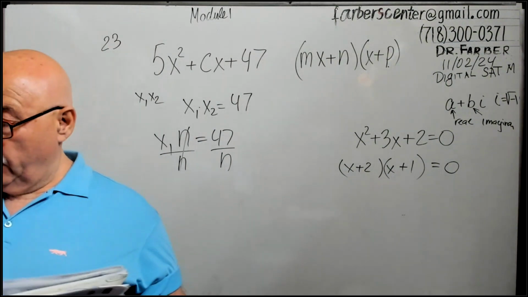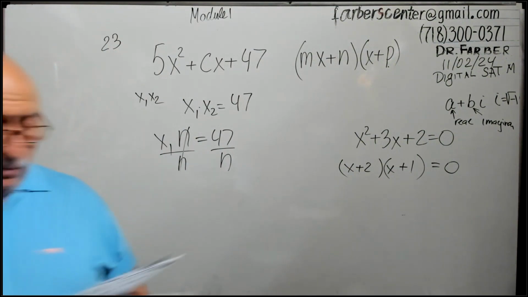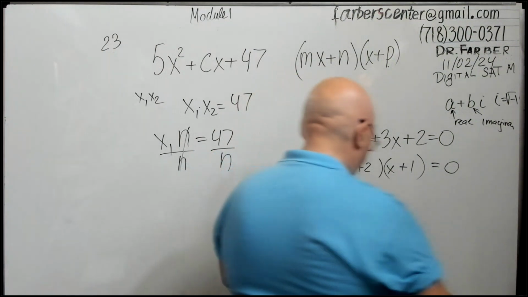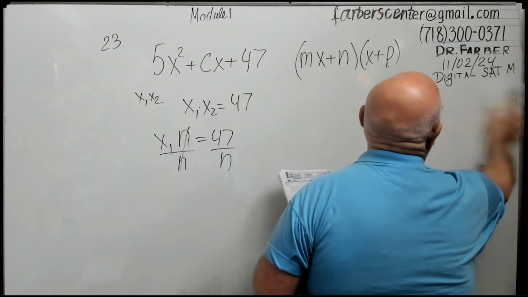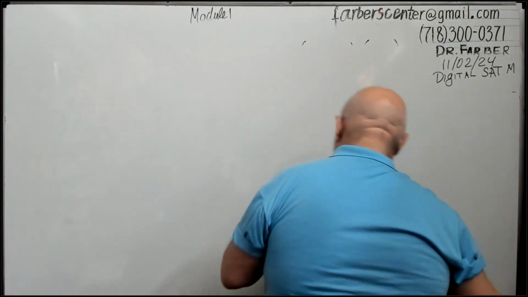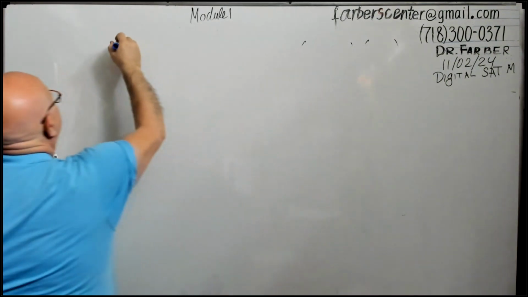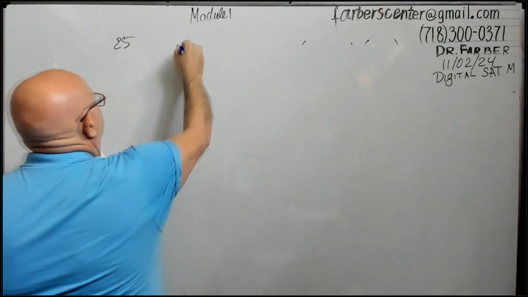So you have 25, 26. Number 25: an isosceles right triangle.